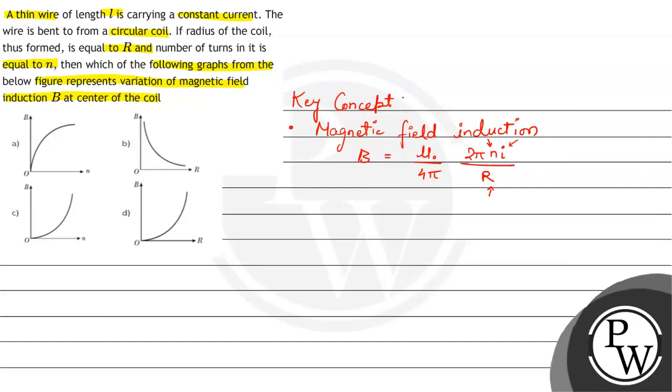So it can be further simplified to mu naught upon 2 into Ni over R.